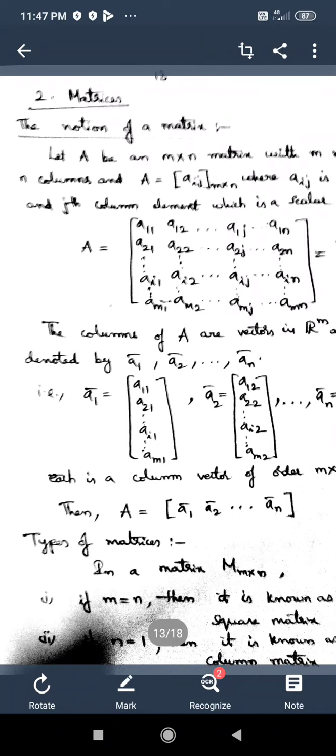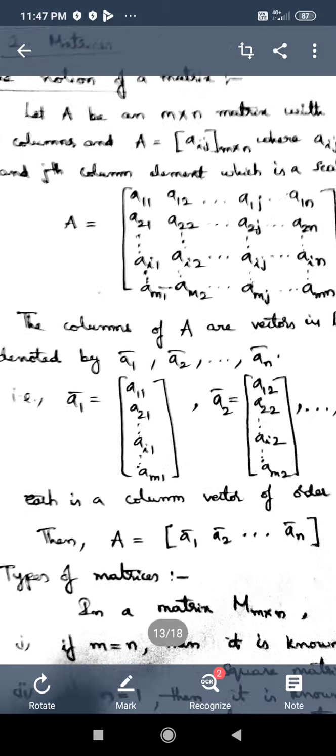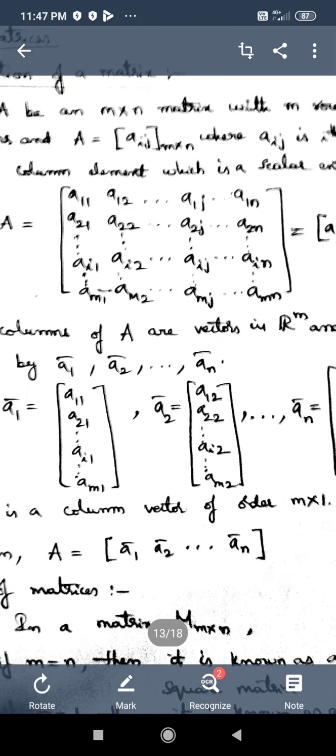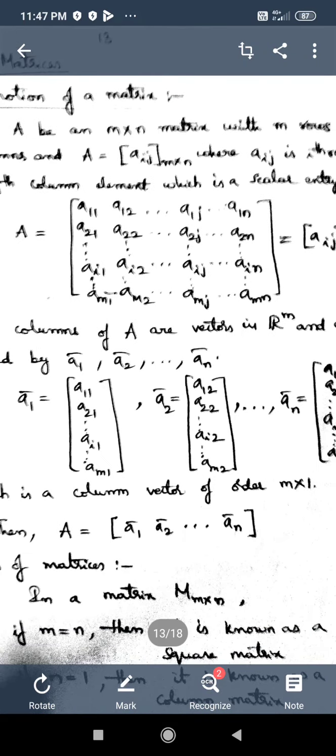That means every element of the matrix is a real number, as I said in the earlier classes. Now, m by n denotes the order of the matrix A, where m is the number of rows and n is the number of columns.